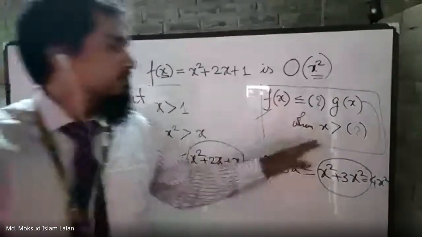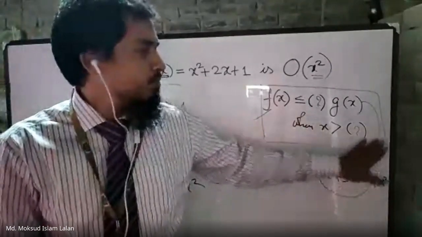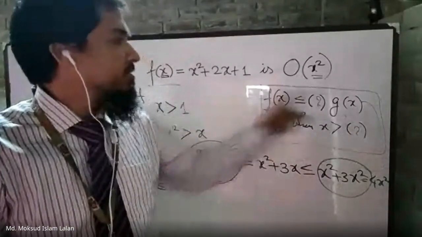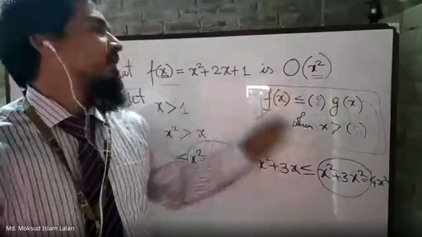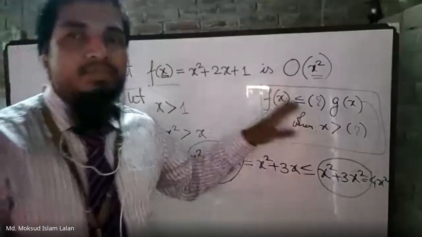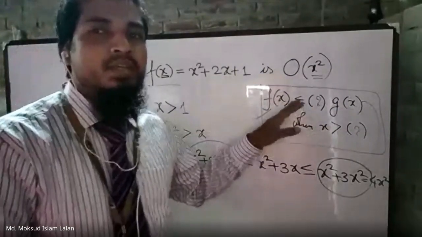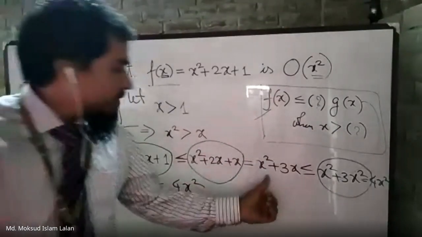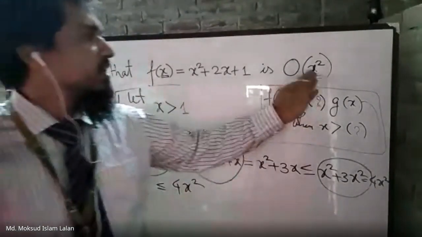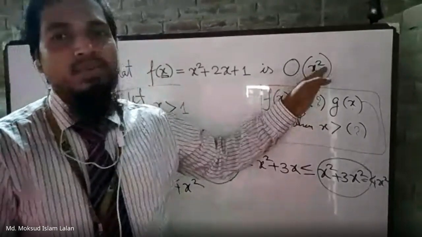Actually, we have to show this is the relation. We have to maintain this relation and establish it. So how can you establish this relation? If you write here x square plus thrice x, is there any x square plus thrice x here, Munna? No sir.